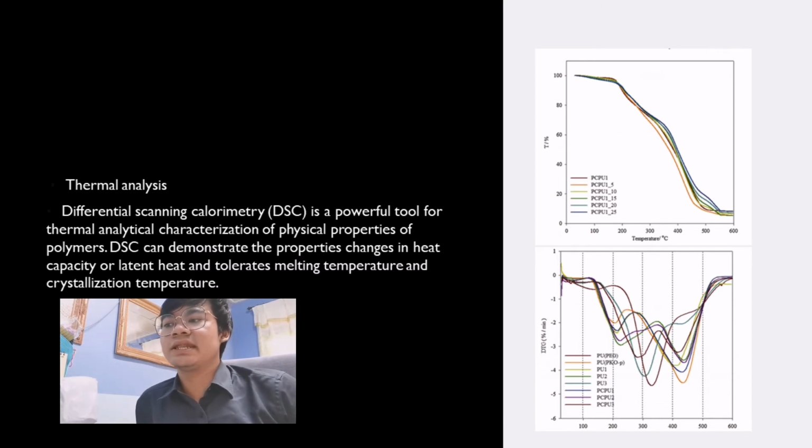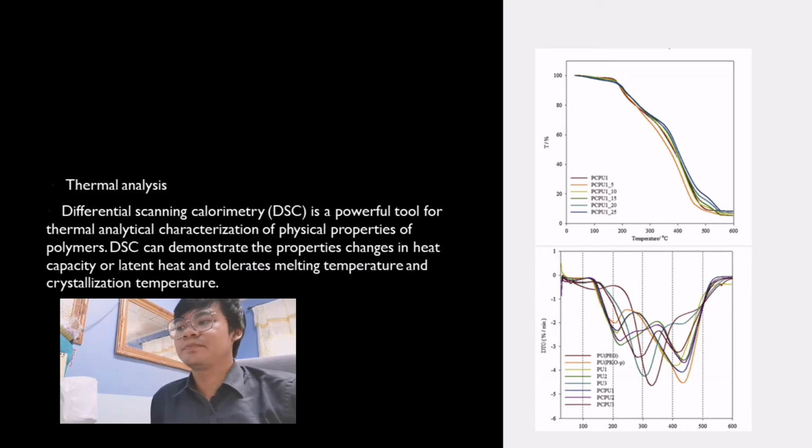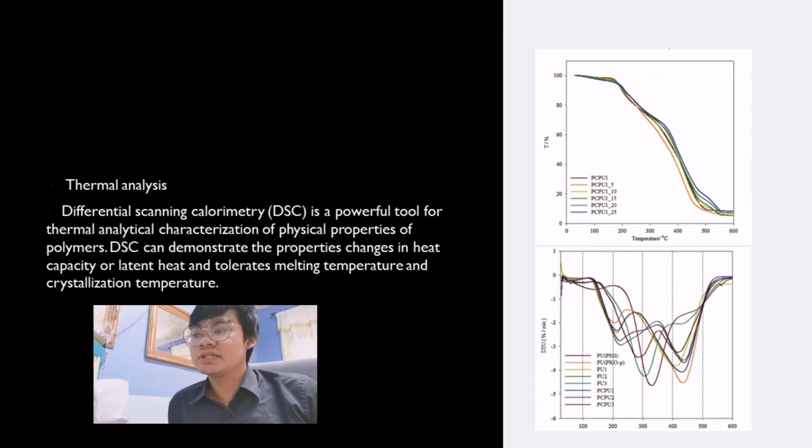The differential scanning calorimeter (DSC) is a powerful tool for thermal analytical characterization of physical properties of polymers. The DSC can demonstrate property changes in heat capacity or latent heat and determine melting temperature and crystallization temperature. The observation shows that the Tg decreases as the composition of PEG with a molecular weight of 200 in the polyurethane system gets higher.